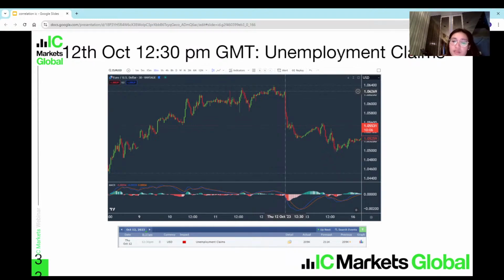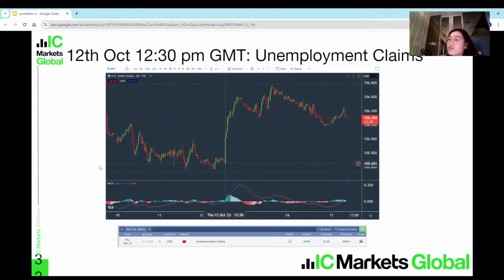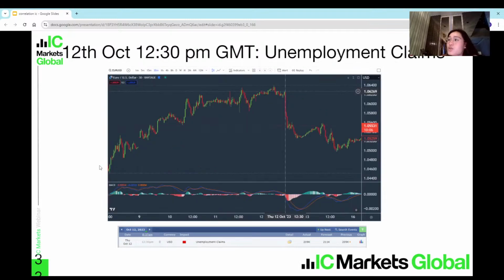If the euro strengthens, the DXY typically falls and vice versa. Here we are seeing DXY rise instead, so that's why we're seeing the euro dollar drop. Another reason is that the dollar and euro are two of the most significant reserve currencies, so they tend to have an inverse relationship.